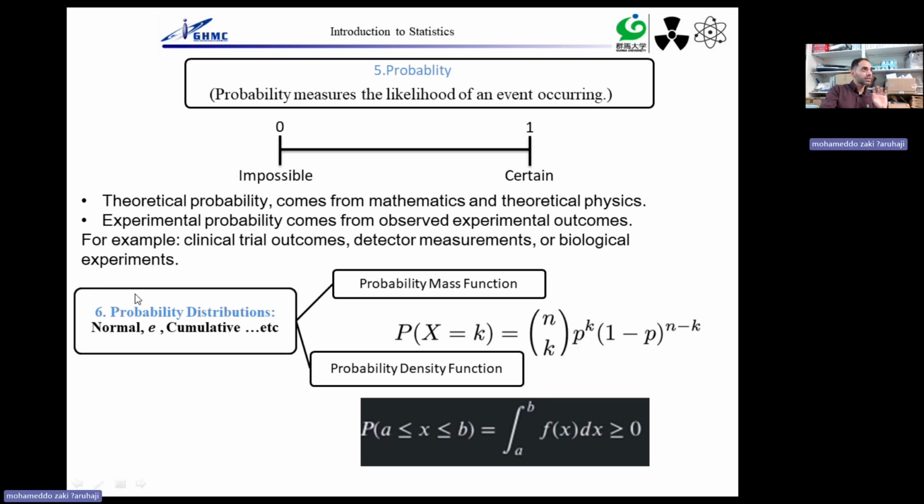To find this probability distribution, we use two main equations. One is called the probability mass function, which is this one. The second one is the probability density function, the most important one for us. This one.